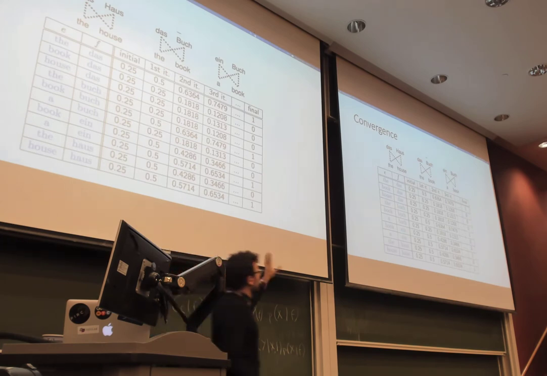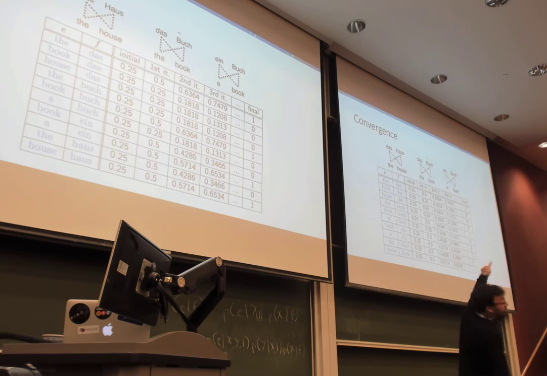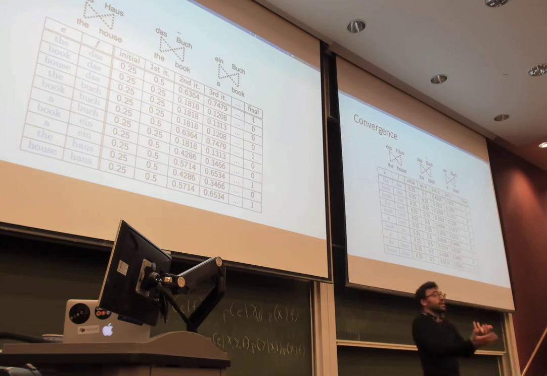You can see some numbers here, for example, where the initial probabilities are all equivalent, like they're all uniform in this very small example, where all of them have the same length, that's why it's 0.25. But then after the first iteration, the things that appear more frequently in the corpus become more likely.